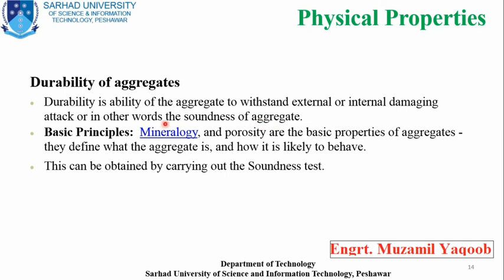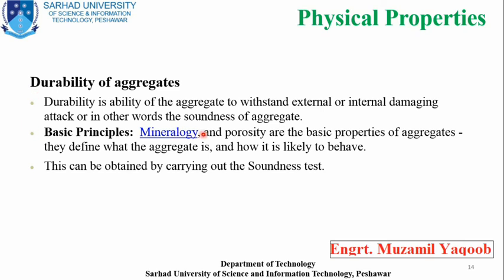The basic principle is that durability depends on the type of rock we are using and the shape of the aggregate. As I discussed at the start of my lecture about different types of rocks, for example, if you are using igneous rock as an aggregate, its durability will be different from that of sedimentary rocks.